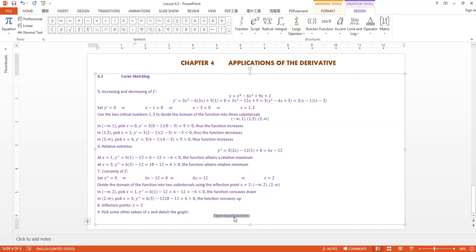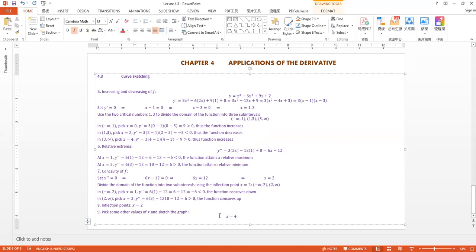So let's pick x equal to 4, for example, and try to draw some more points. x equal to 4 gives us another point on the graph.